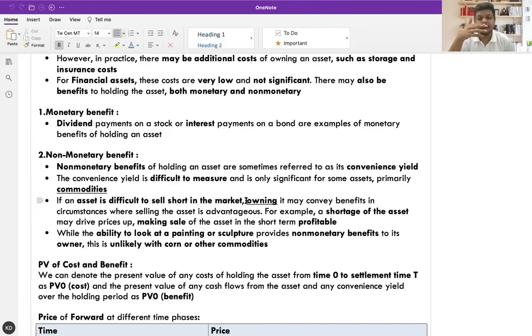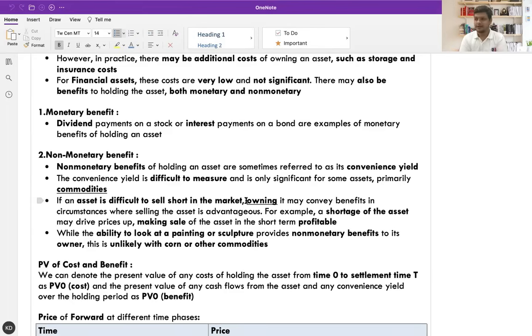Are you getting my point? You want to sell it, but actually you cannot because it is not existing. So there are very few people who are doing short selling, and there are more people who are willing to buy. Clear?